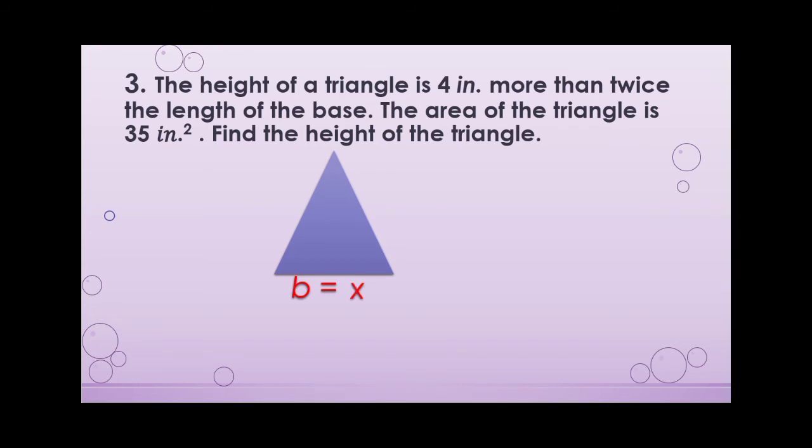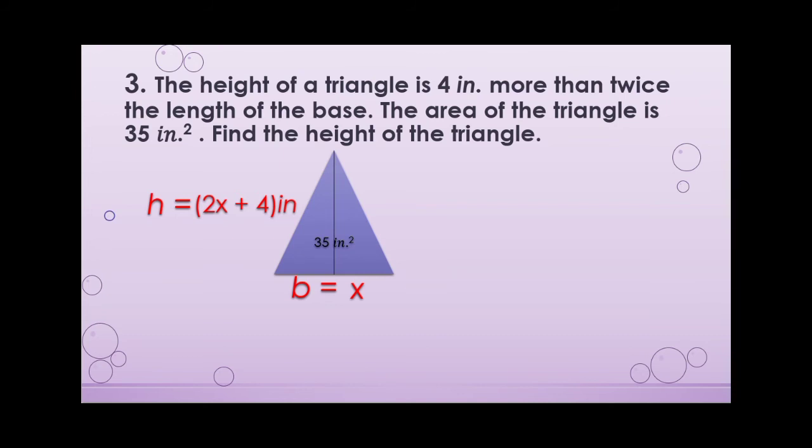x. And the height of the triangle is 4 inches more than twice the length of the base. So, multiply natin si base by 2 and then mag-a-add pa tayo ng 4 and that will be the height. So, h is equal to 2x plus 4. Then we have inches. And the area of the triangle is 35 square inch.